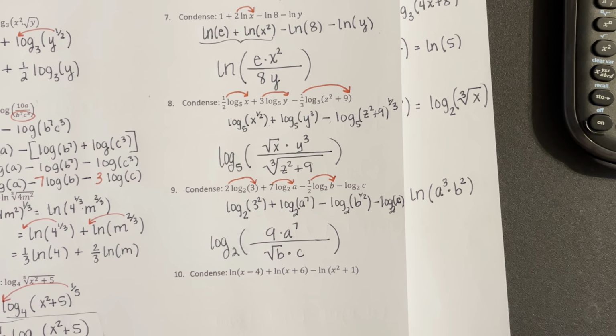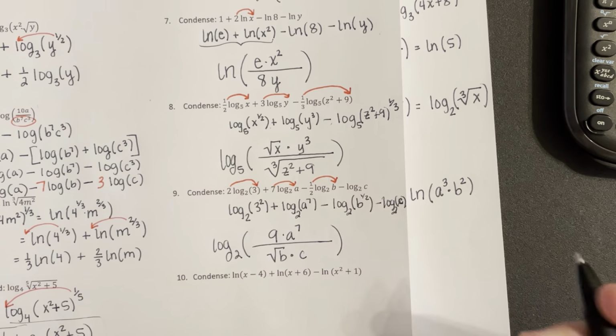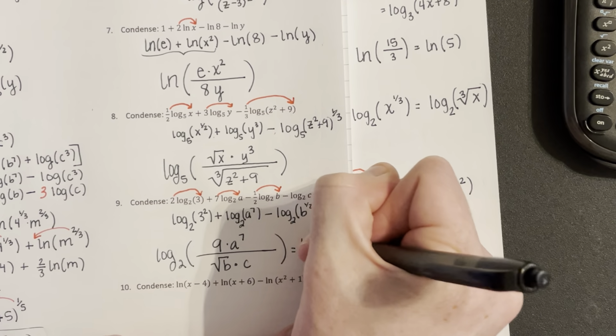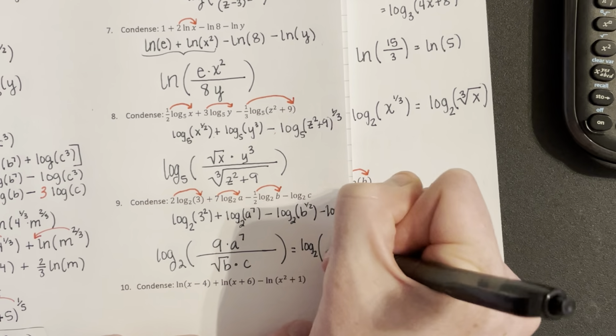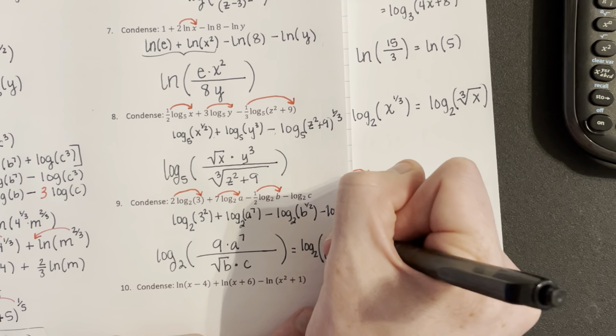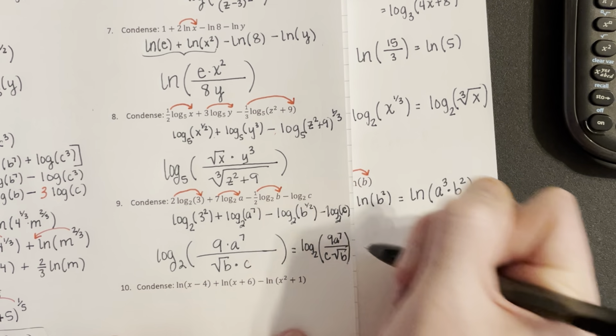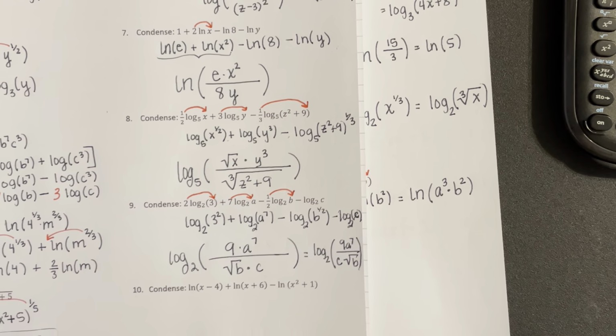The c doesn't have a square root because it didn't say c to the 1/2. So you might actually see this written as log base 2 with the c in front of the square root of b. And that would be what's considered a little bit cleaner version of that.